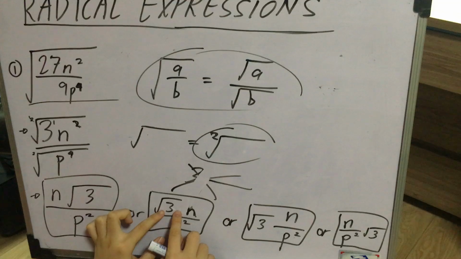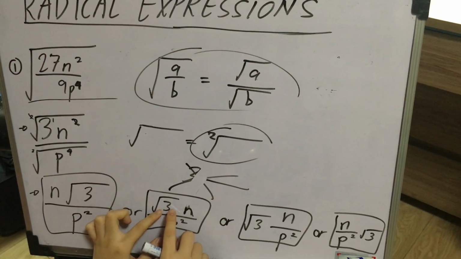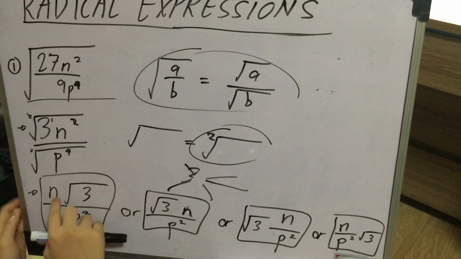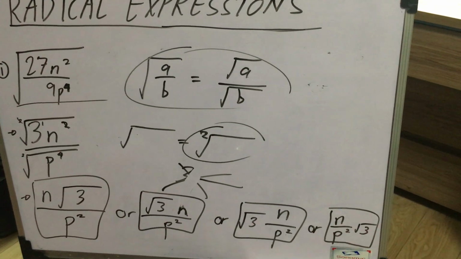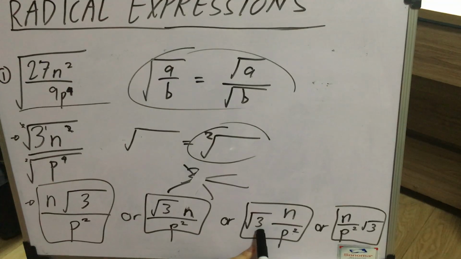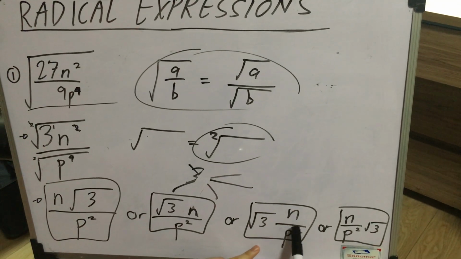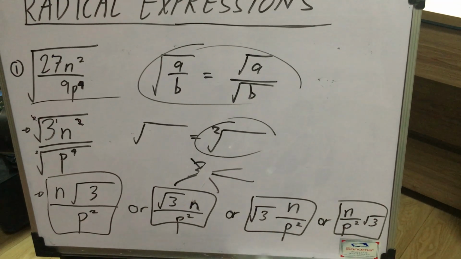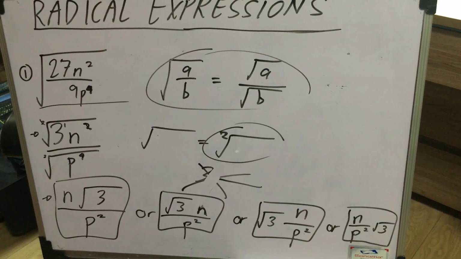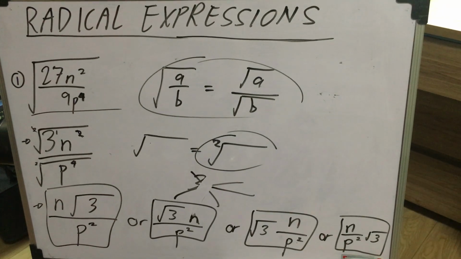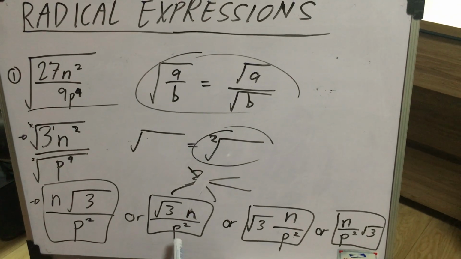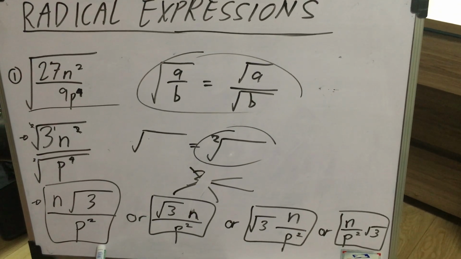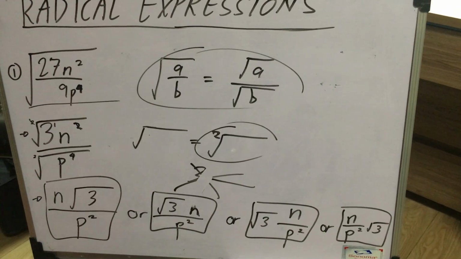The square root of 3 is on the left in one and on the right in another. It's the opposite here. When it comes to these two examples, the fraction is on the right, here the fraction is on the left. Basically, they're just the same. The best answer I'd recommend would be this, or this. But yeah, it doesn't really matter anymore.